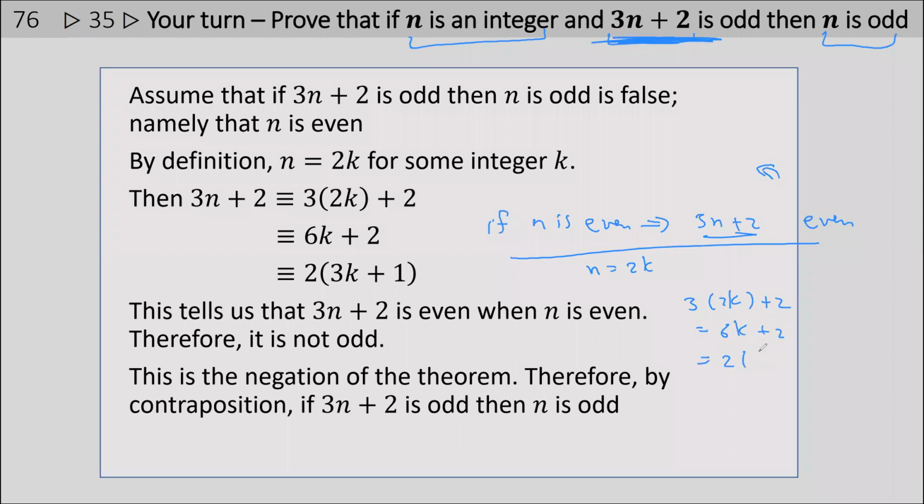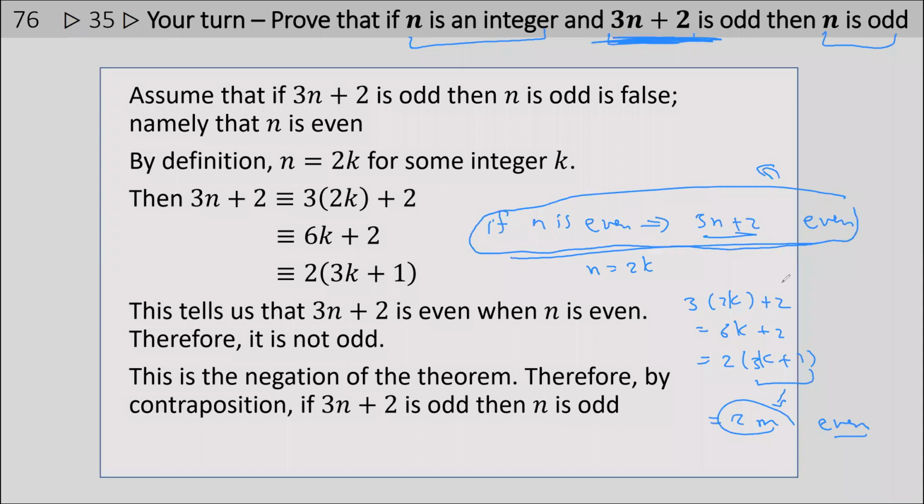I'll take 2 as common factor so the remaining is 3k plus 1. 3k plus 1 is another integer which is m, so this is twice m is a form of even number. So I proved that its contrapositive is true, so this statement is also true. اوكي يا شباب، حلو قوي.